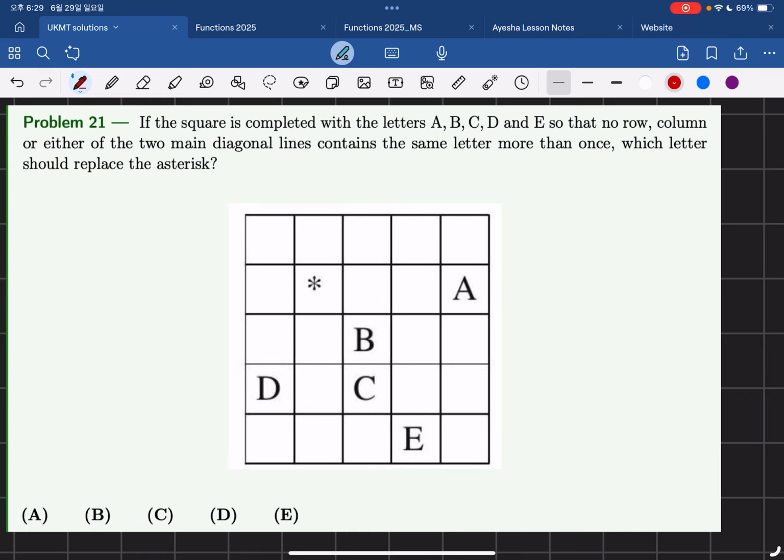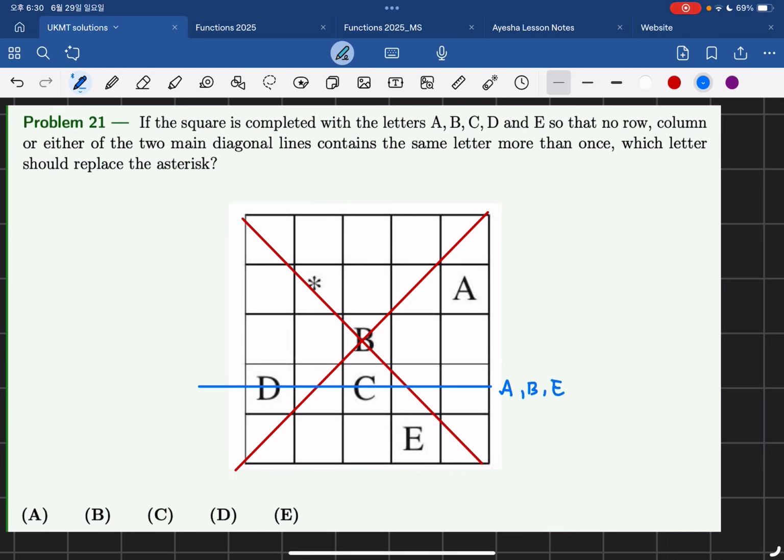Now we're going to look at the two main diagonals first. We have B in the center, which means B cannot go into any of these squares. And looking at the fourth row, we have A, B, and E missing.